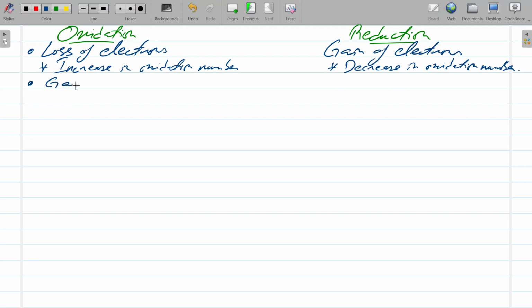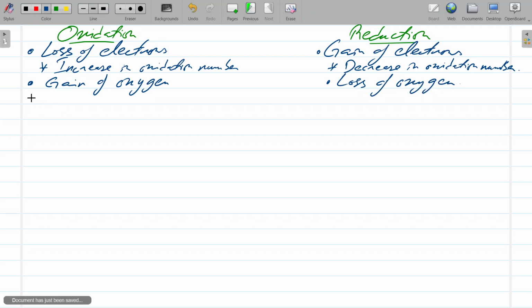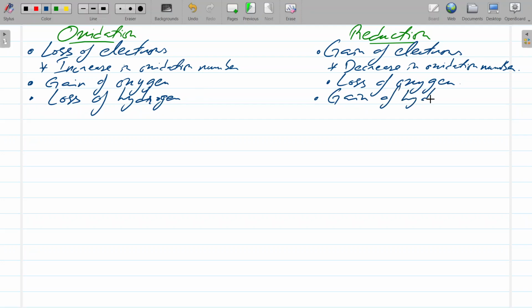It is a gain of oxygen, obviously. It is a loss of oxygen. It is a loss of hydrogen. It is a gain of hydrogen.